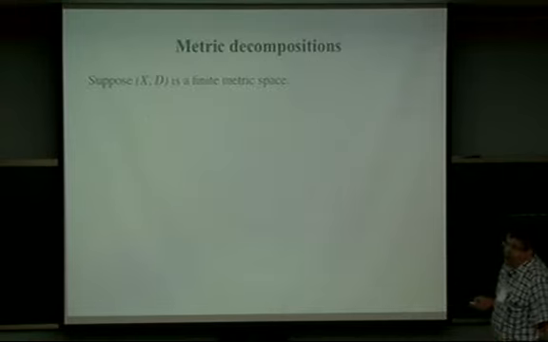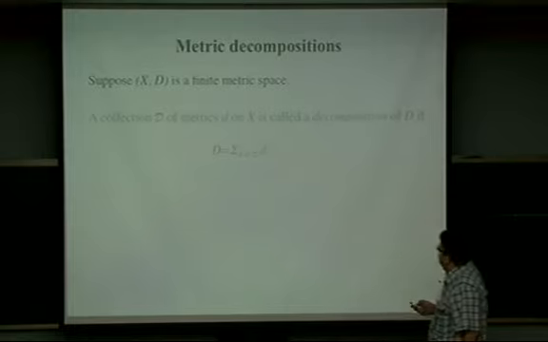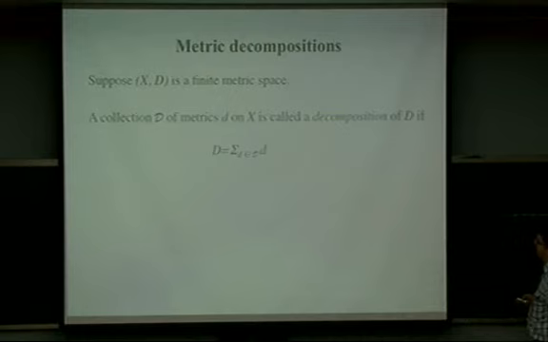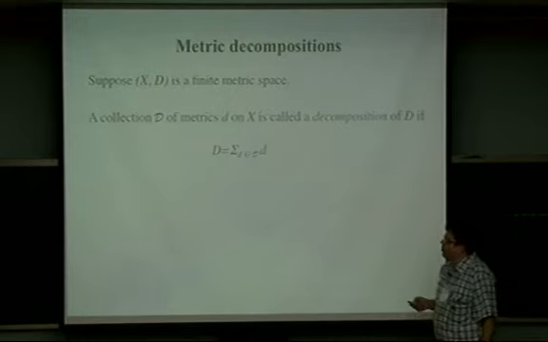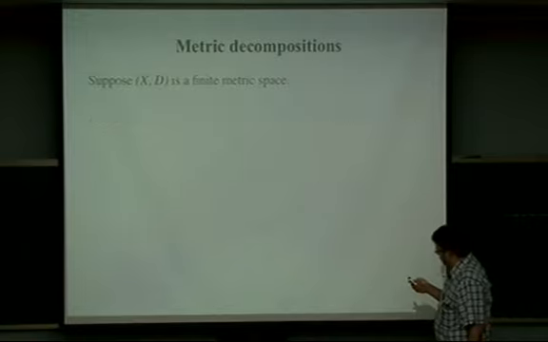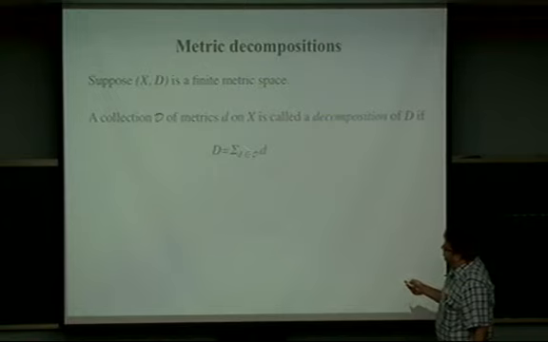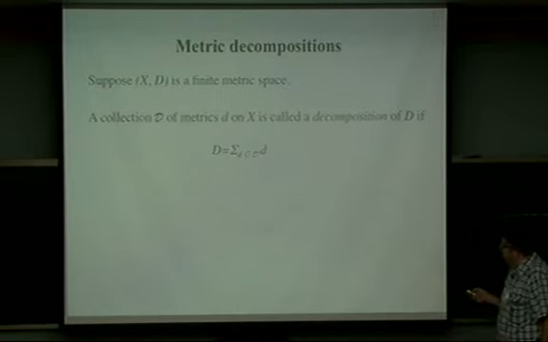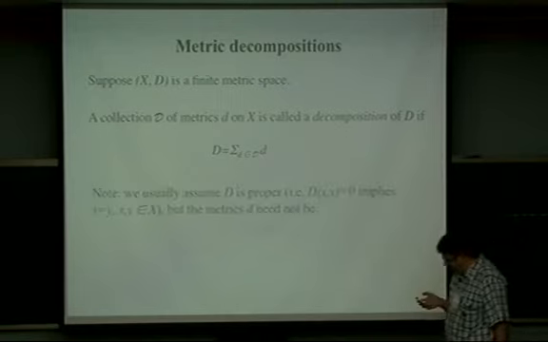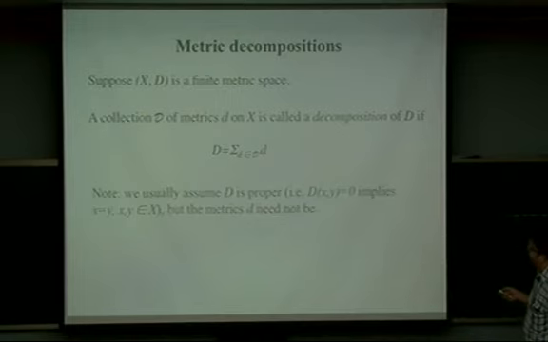So I think everybody in this audience knows what a metric space is. What we want to do is decompose my metric D into things that are smaller metrics. I will give more examples later, so don't worry if you don't understand it at the moment.